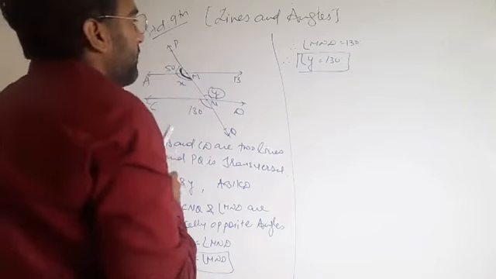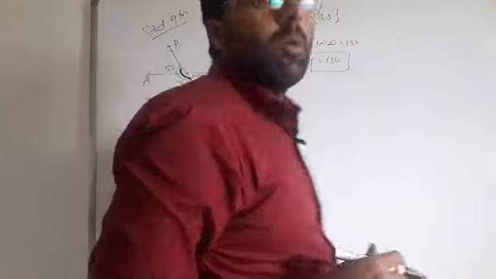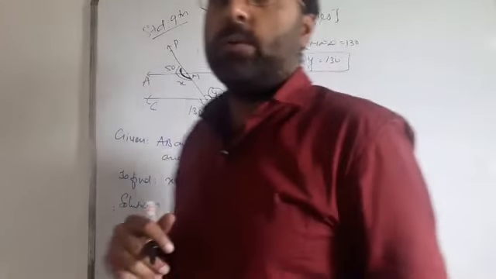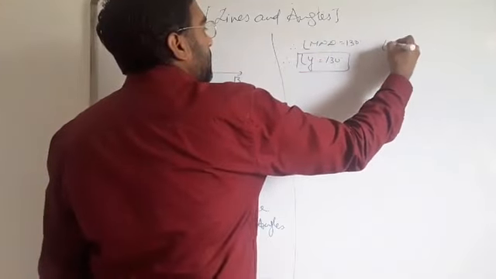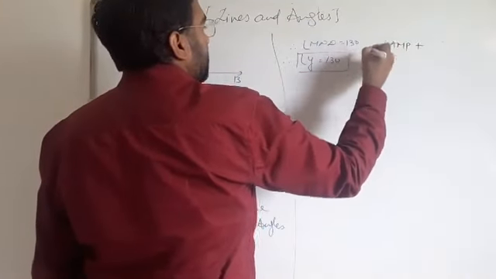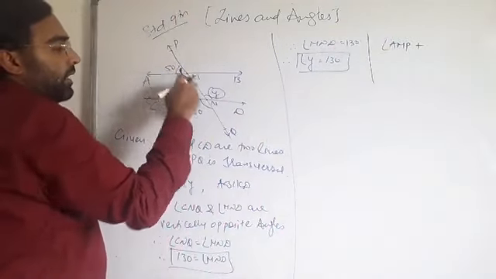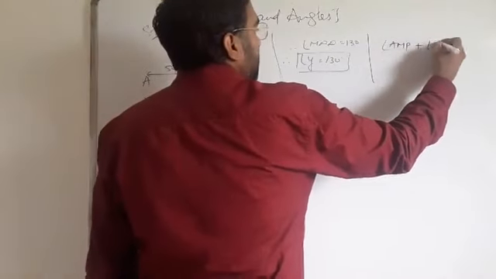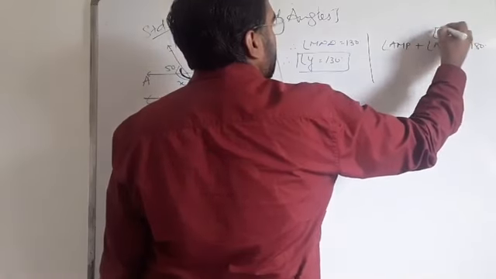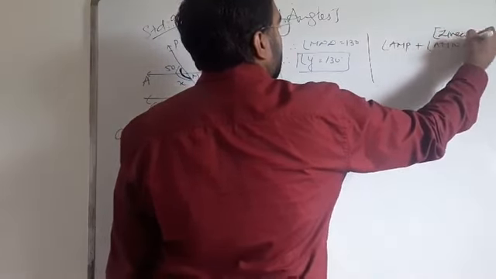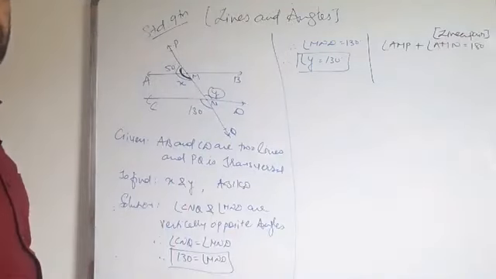So that's why we have to write angle AMP plus angle AMN is equal to 180 degrees, linear pair.